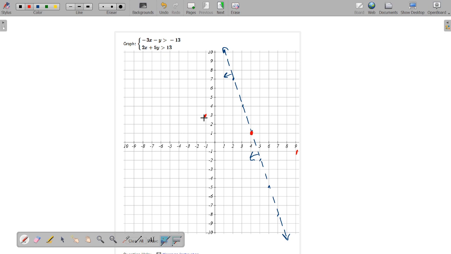Dashed line, and this is shade above. So now we're going to have this region right in here.